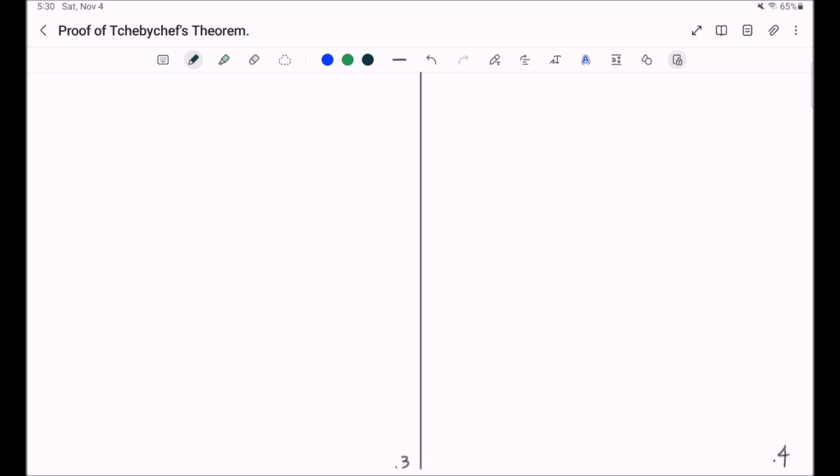On the other hand, we also have that n, which is equal to pi of p_n, is bigger than some constant times p sub n divided by log of p sub n.